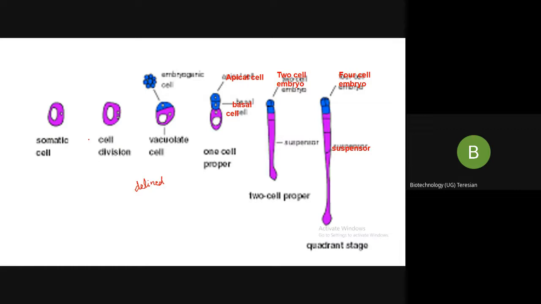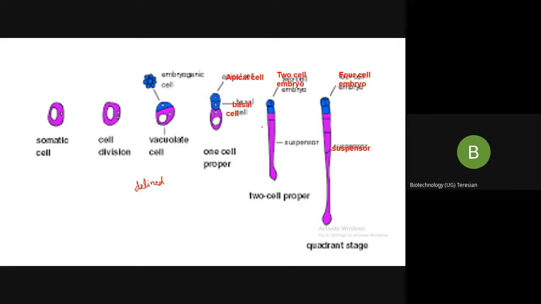So this gives you a clear idea or picture of your somatic cells. You can see how the somatic cells are undergoing various changes. Okay, see, cell division occurs, vacuolated cell, then you can see here embryogenic cells. And what happens? Your embryogenic cells are dividing. They form the apical cell and the basal cell, whereas you can see the vacuolated cell.